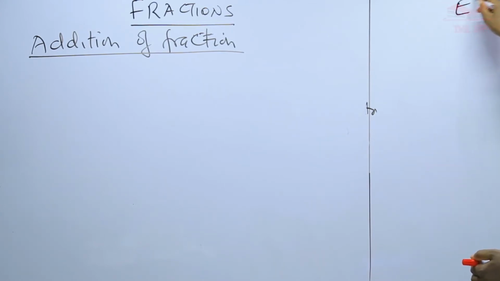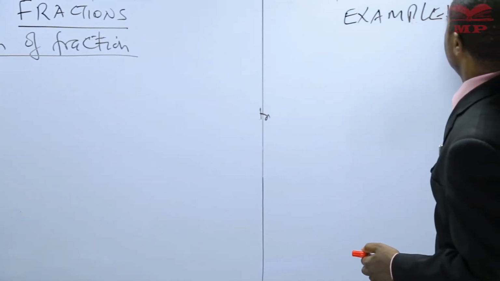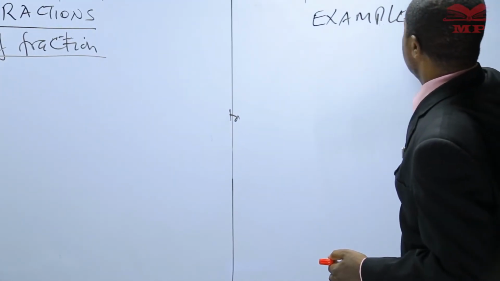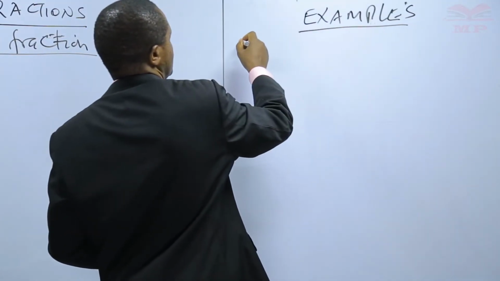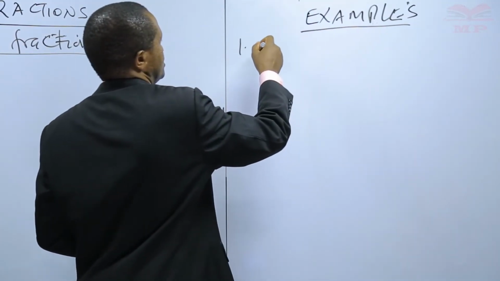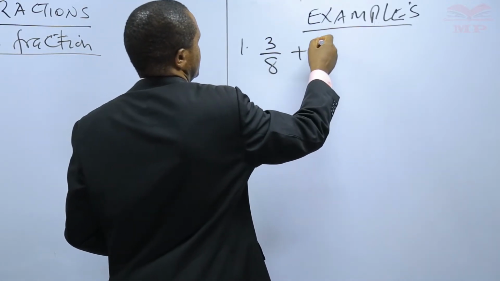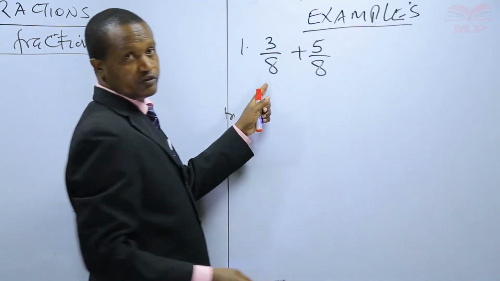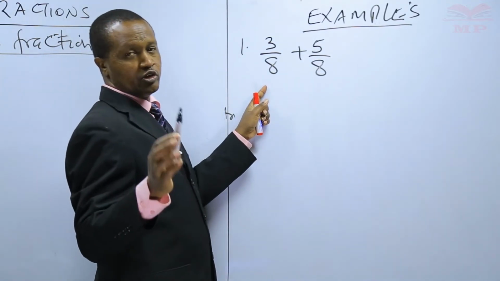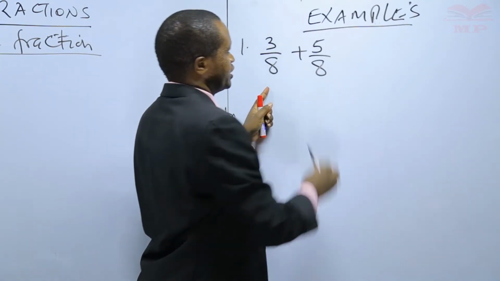Example 1. 3 over 8 plus 5 over 8. These are two fractions. We want to carry out the operation known as addition. How do you add two fractions?